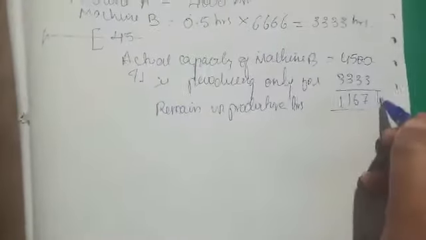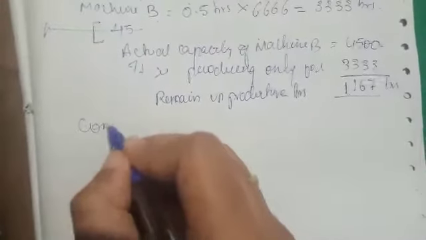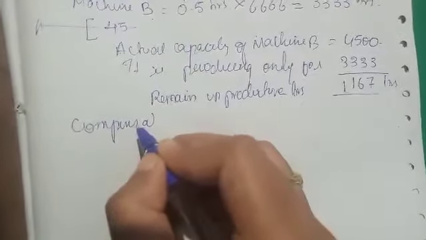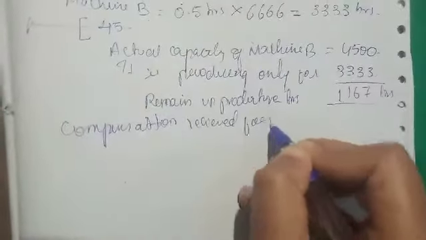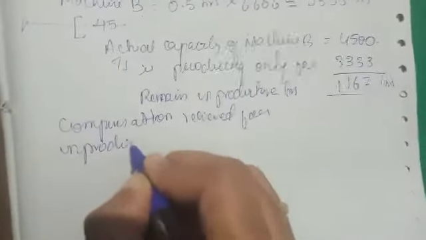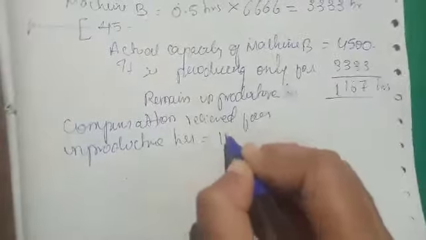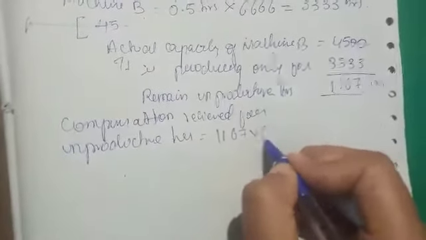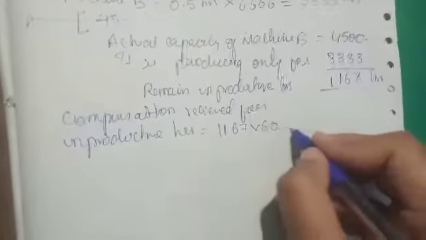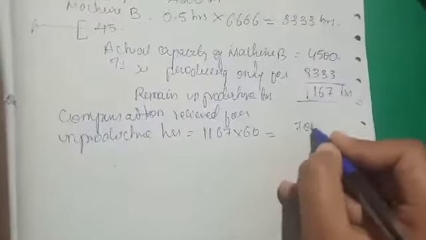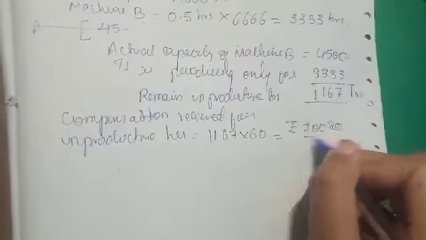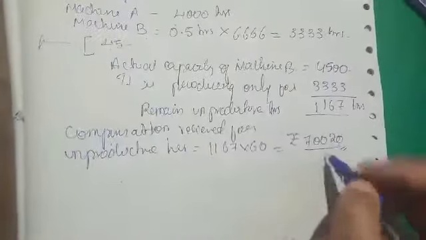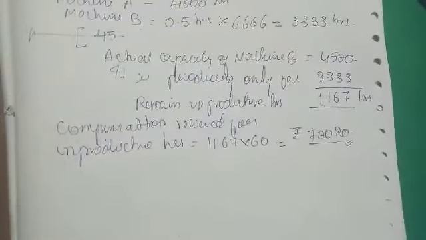Now, the compensation received for unproductive hours is equal to 1167 into 60 rupees per unproductive hour, so that comes to 70,020 rupees. So we are getting 70,020 rupees as compensation for this. That will also be our income now, so we have to add it to the income that we earn from the contribution.